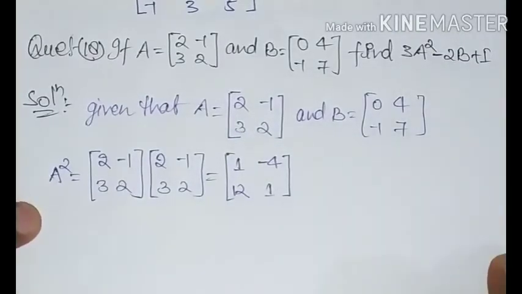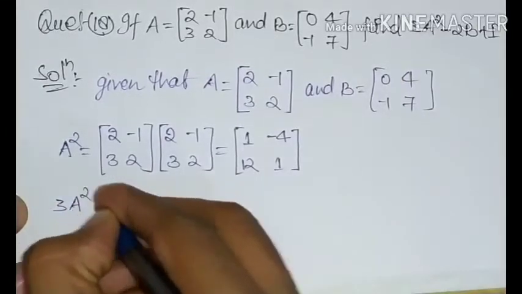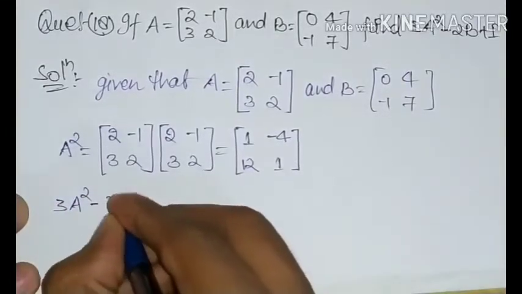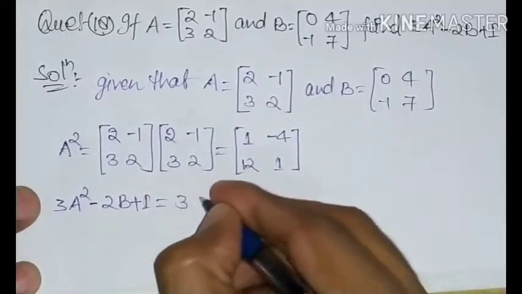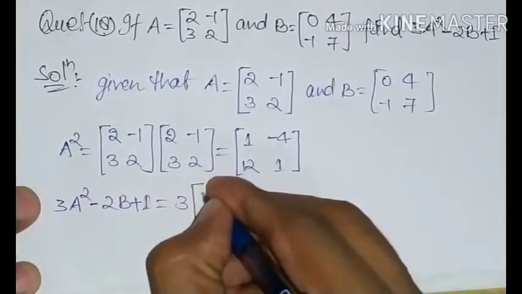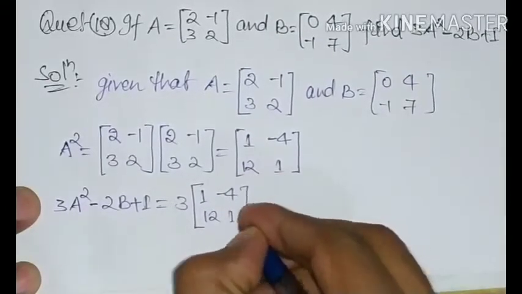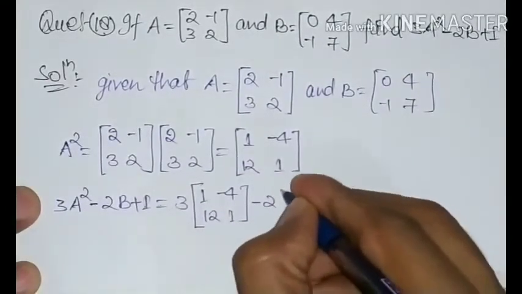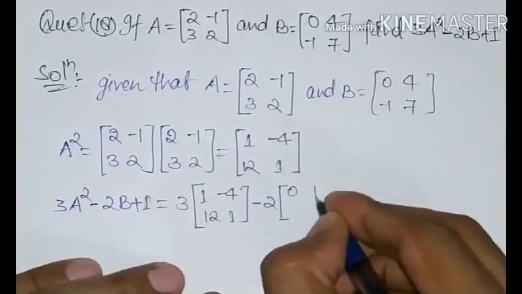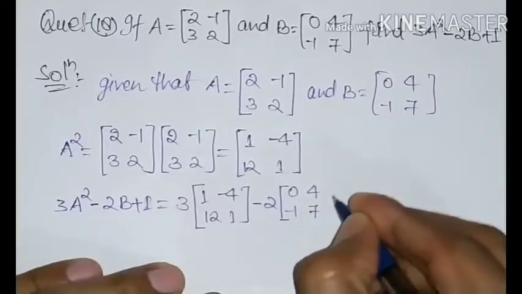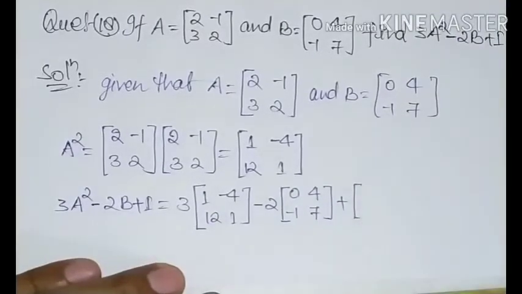Now I'm going to arrange it. 3A square minus 2B plus I equals 3 times the value of A square, which is 1 -4, 12 1, minus 2 times B, where the value of B is 0 4, -1 7, plus I for the identity matrix.